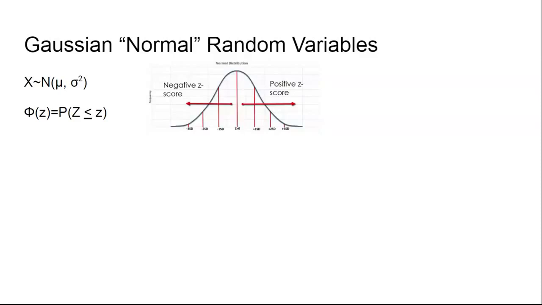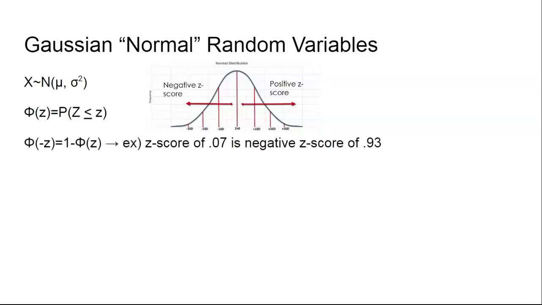Since normal distributions are shaped like a bell-shaped curve and are symmetric, the phi of negative z equals 1 minus the phi of z. So for example, the z-score of 0.07 is a negative z-score of 0.93. These z-scores can be found on distribution tables online.